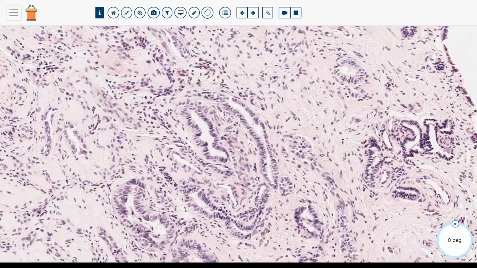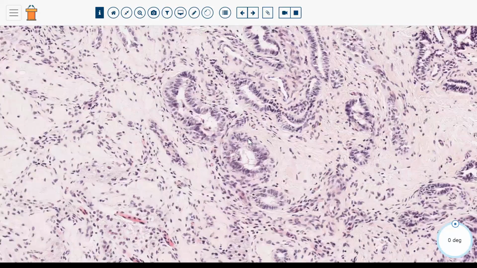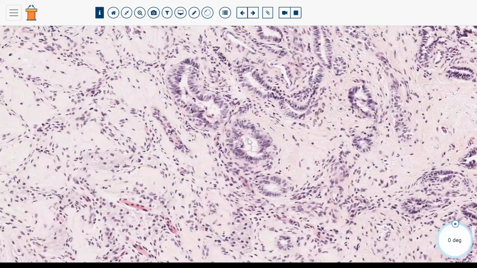It doesn't affect the tumor stage directly, so it's not one of the staging parameters, but some oncologists will use that as a surrogate for considering whether a tumor is higher risk, and they might consider treatment up front rather than surveillance following the orchiectomy.